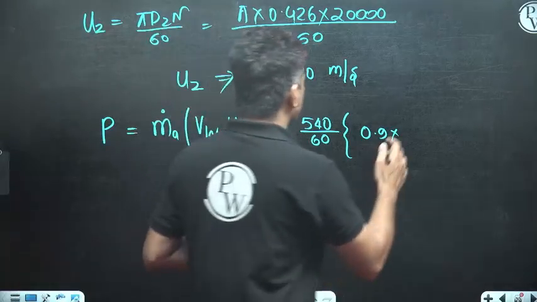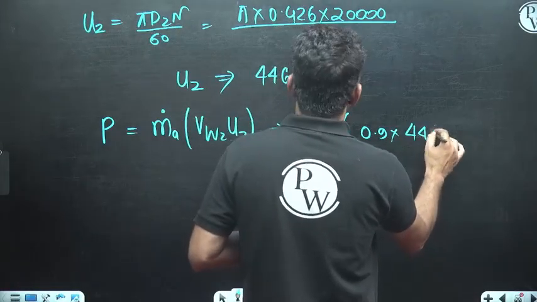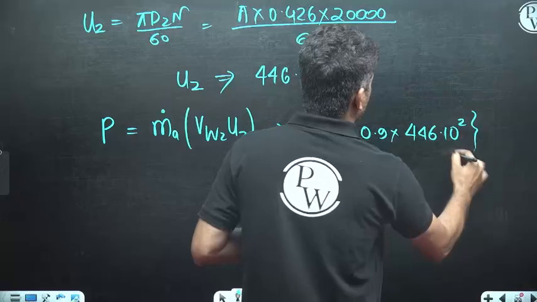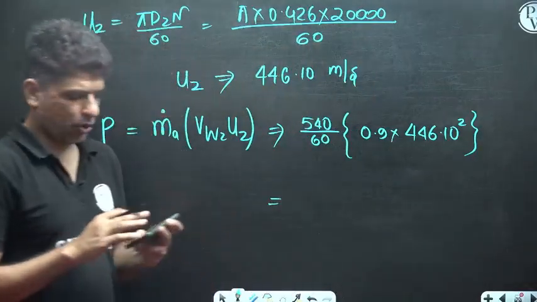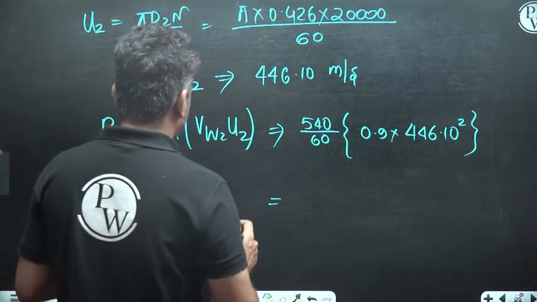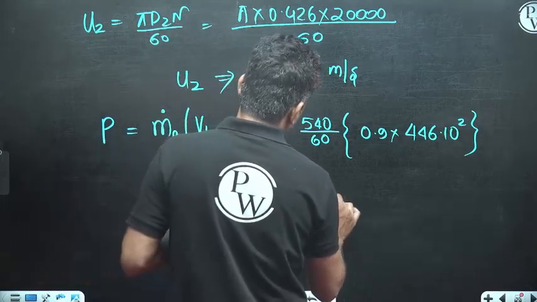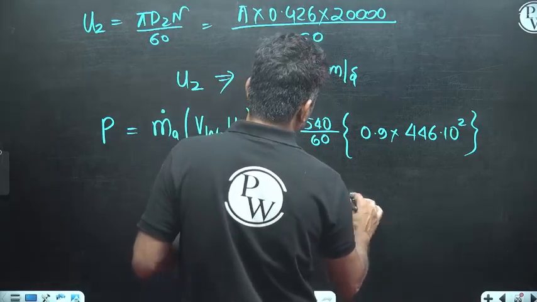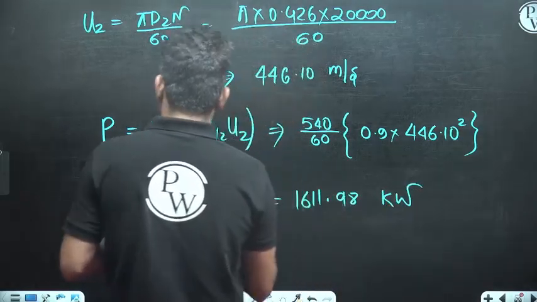Okay, so this will become U2 square, 446.10 whole square multiplied by 0.9, multiplied by 540 divided by 60. So this comes out to be 1611.98 kilowatt.